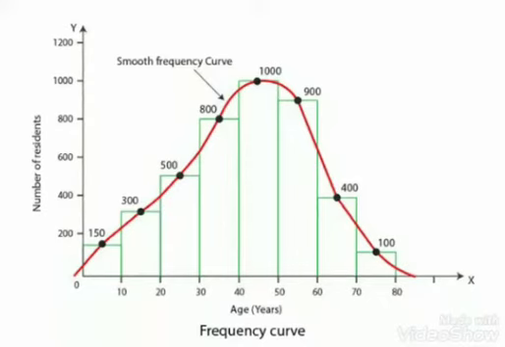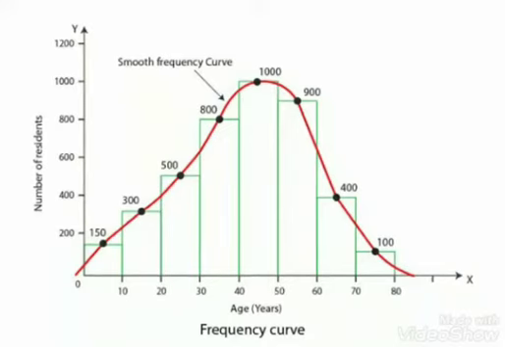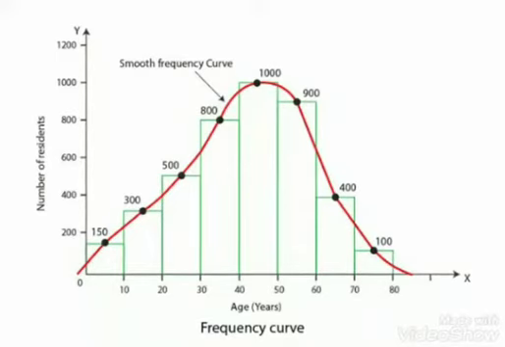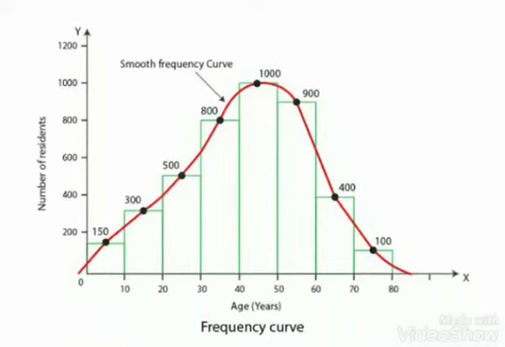Then 10 to 20 is plotted with 300. Then 20 to 30 around 500, and similarly 40 to 50 around 1000, 60 to 70 around 400 and 70 to 80 around 100. Now if you see, a histogram has been drawn first, and after the histogram all the midpoints of the tops of the histogram are joined together but with a free hand into a smooth curve. And this is how we construct a frequency curve.